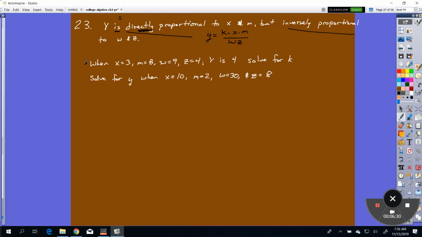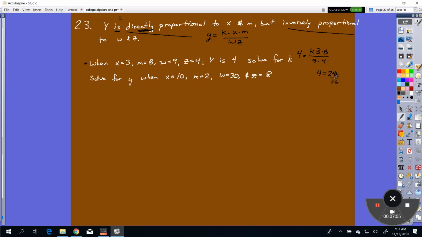Now we're going to go to part 2, which says solve for k. I'm going to plug everything into this equation. It says x is 3. I don't know what k is. m is 8. w is 9. z is 4. And y is also 4. Now solve for k. I'm going to multiply these numbers. 24 on the top. 9 times 4 on the bottom makes 36.